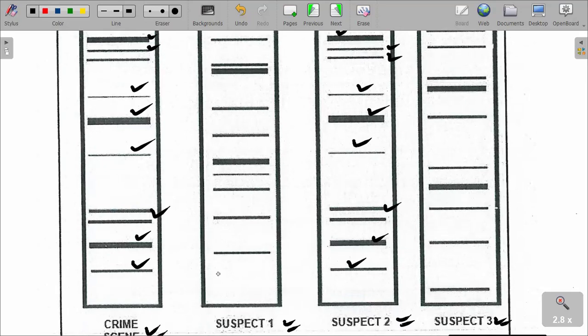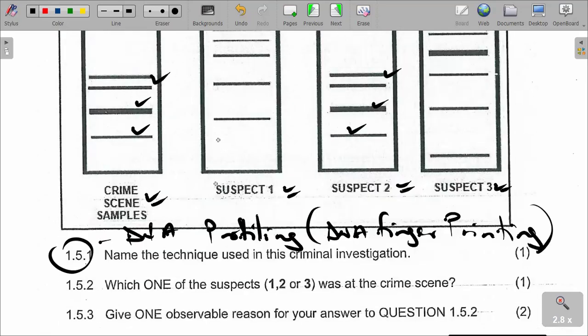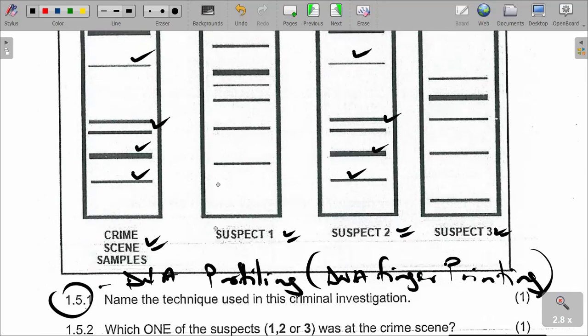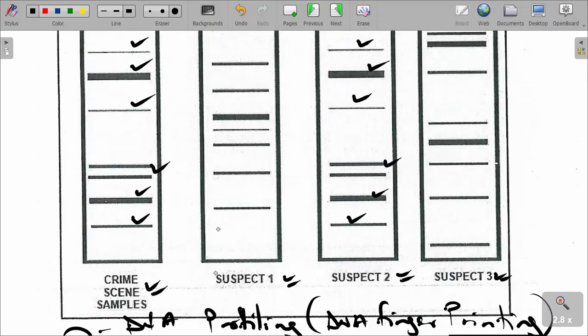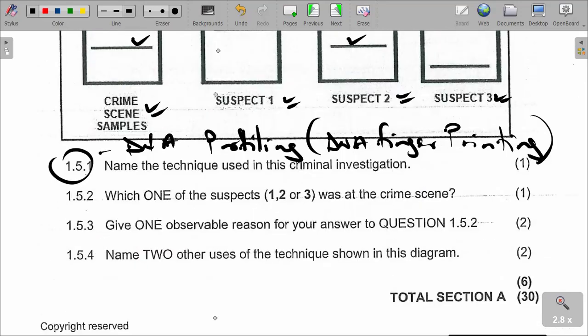Sometimes they might not closely match, but we look at the closest one to the one taken from the crime scene. So we can say that it is suspect number 2. Give one observable reason for that. The pattern of the DNA bands for suspect 2 matches the pattern of the DNA from the crime scene.